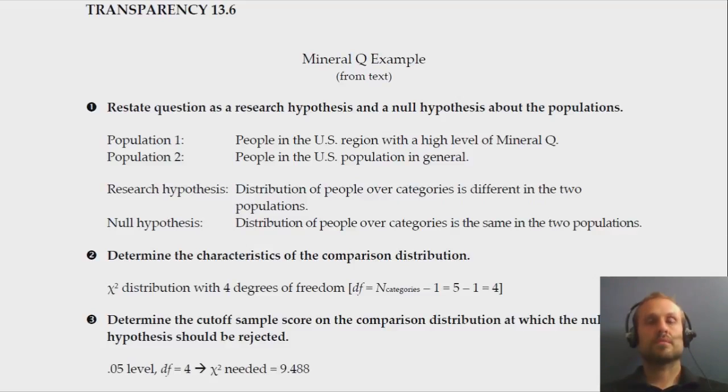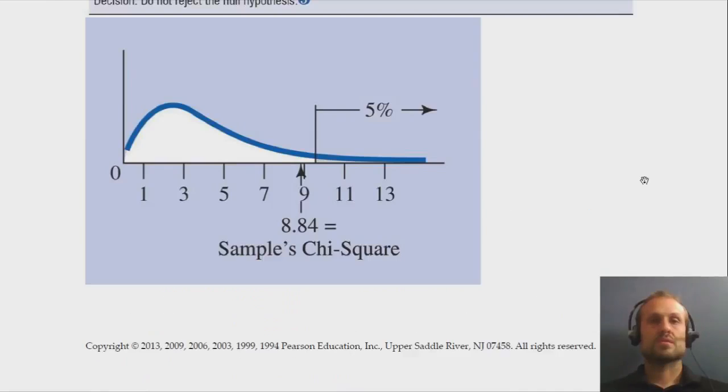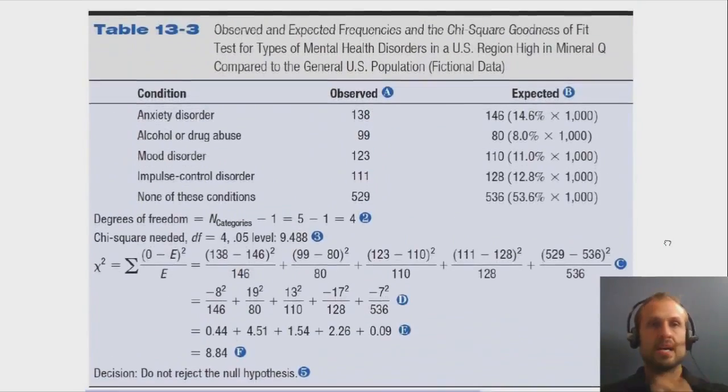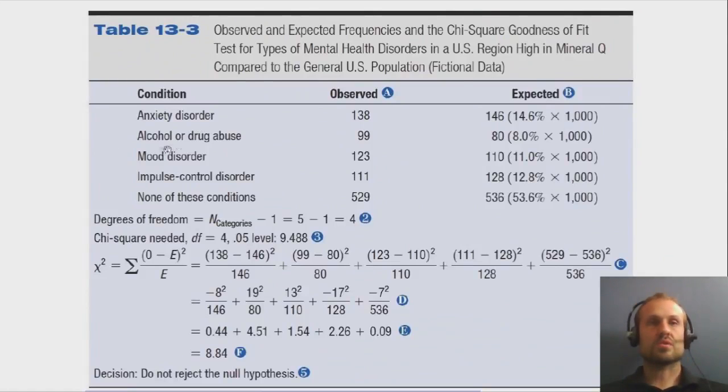I want to see whether mineral Q has an effect of some kind, and by that I mean how the categories compare. So if I look at what are the categories that I'm going to look at, I'm going to look at anxiety disorder, alcohol or drug abuse, mood disorder, impulse control, and so on. Does the breakdown of people having these conditions differ from the population as a whole?